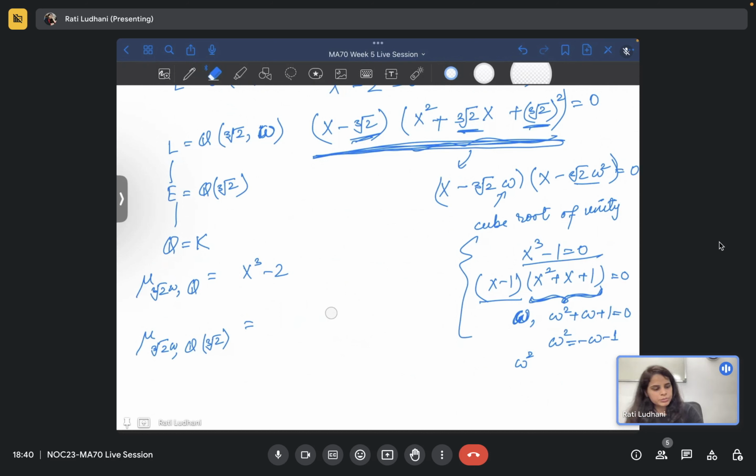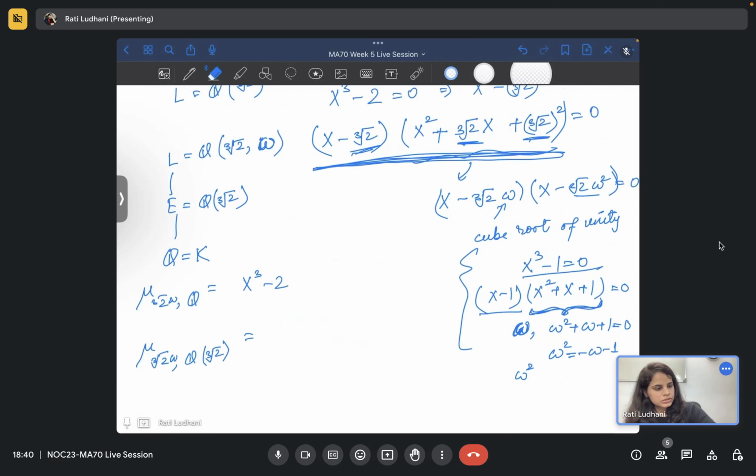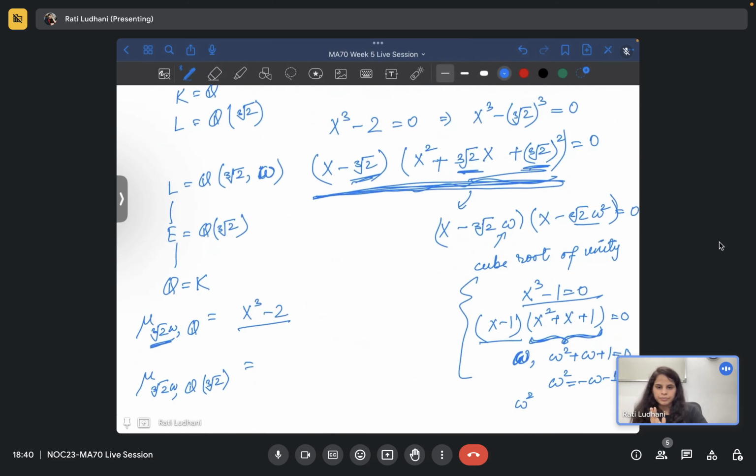So let me modify this. I have used omega also. So in our situation this is a better example. You take cube root of 2 omega. You are trying to find the minimal polynomial of cube root of 2 omega over Q. Then you have this minimal polynomial, because this will appear here only.